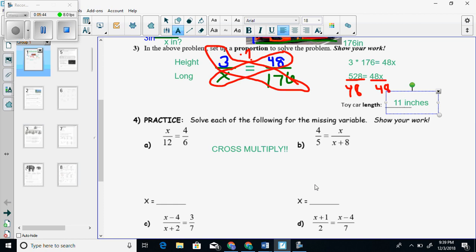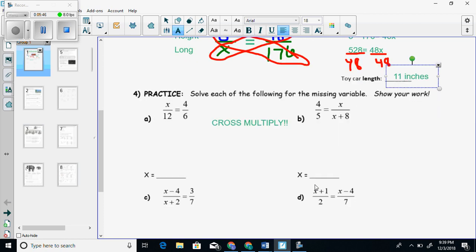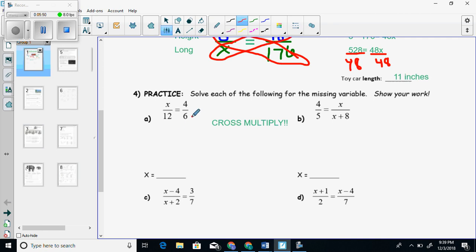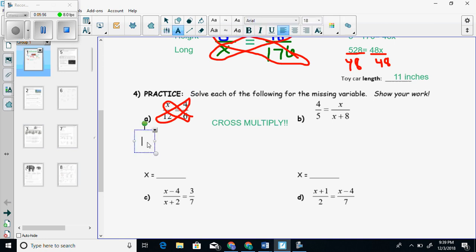Cross multiplying. So I'm going to shoot through these quickly so I don't make this video too long for you guys. You're doing x times 6 equals 12 times 4. I'm just going to type that out. X times 6 equals 12 times 4.